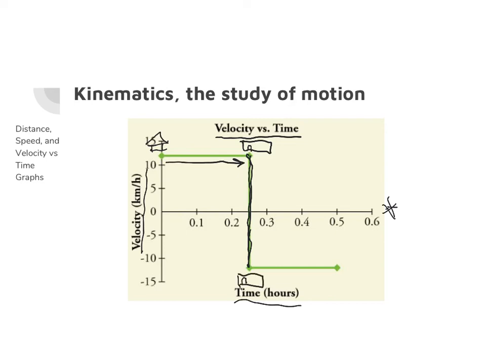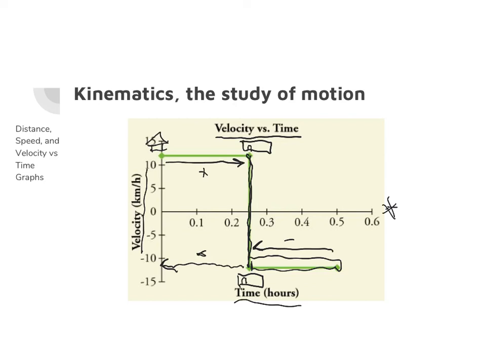And the reason this point moves down to the negative axis is that, remember, since we went in the positive direction, we are now going from the store back to our house, and this is in the negative direction. So from here to here, we went in the negative direction back to our house.